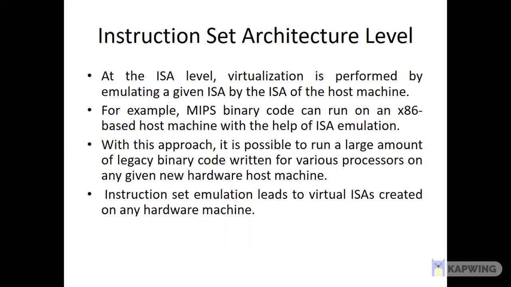For example, MIPS binary code can run on an x86-based host machine with the help of ISA emulation. With this approach, it is possible to run a large amount of legacy binary code written for various processors on any given new hardware host machine.